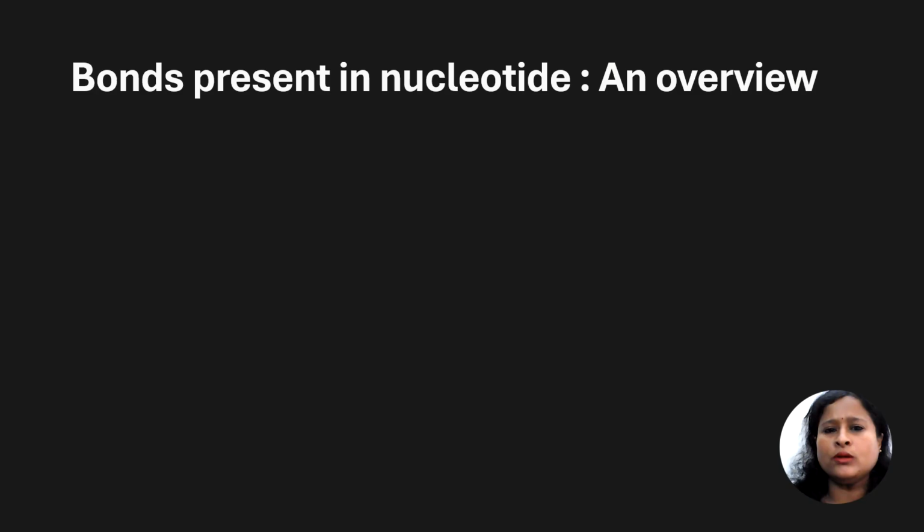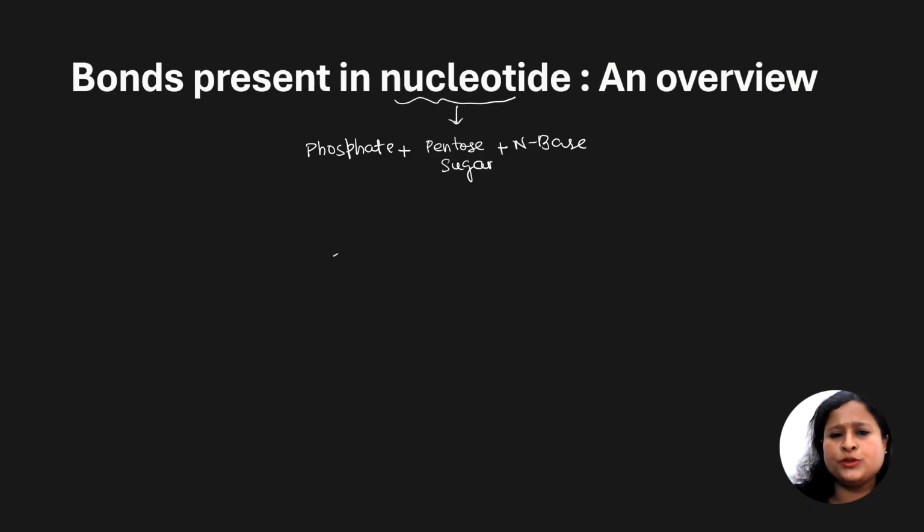So we know that nucleotide has a pentose sugar, then to it is attached a nitrogenous base, and we then attach a phosphate group. I hope this part is clear. So if we consider, let's take here ribose sugar.